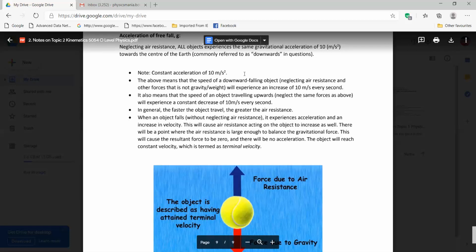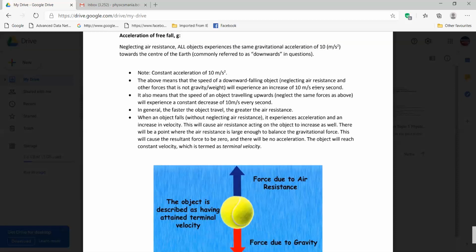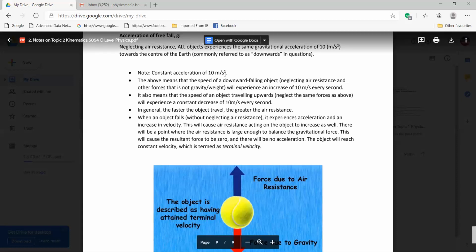You know acceleration is velocity over time, so here velocity increases 10 meter per second every second. That's why the acceleration is 10 meter per second square. Clear now? Yes.